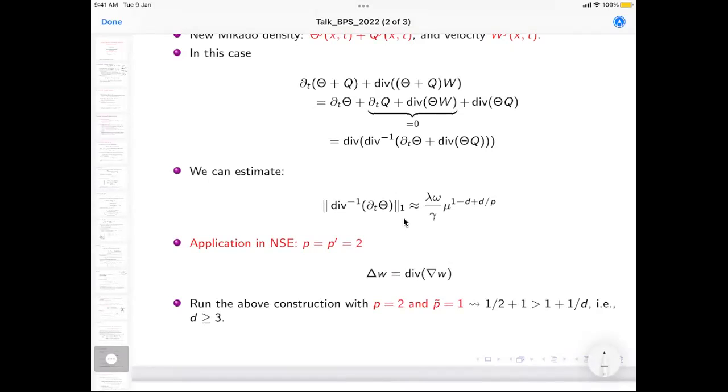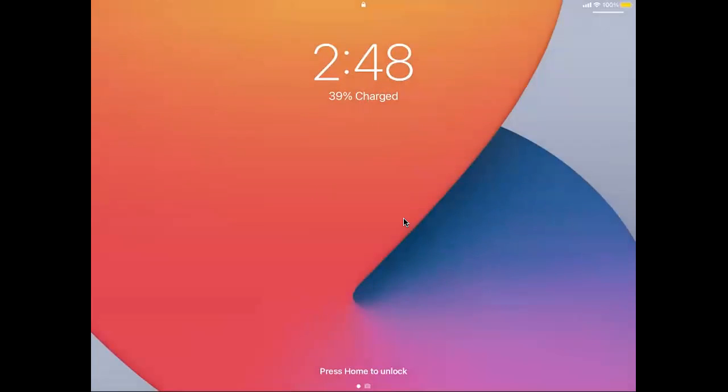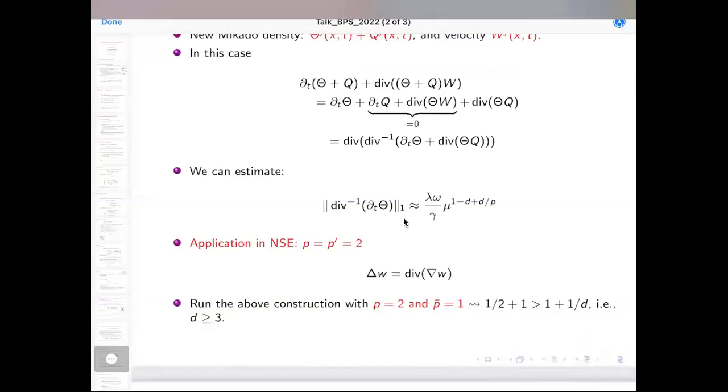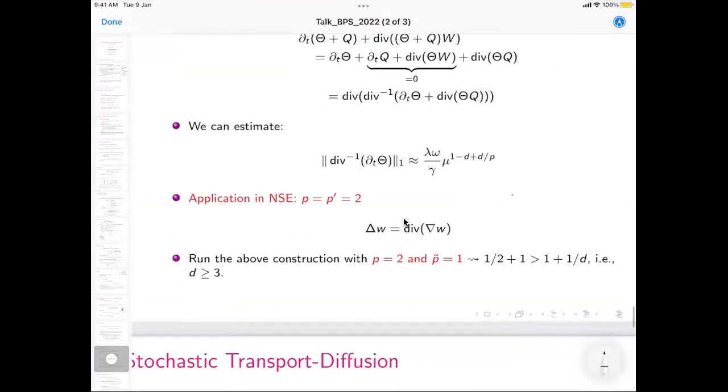Right? So you remember that we had this, right? 1 by p plus 1 by p tilde is bigger than 1 by 1 plus t. So here I'll choose p to be 2, p tilde to be 1, and then you can see that everything works as far as your dimension is bigger than or equal to 3, which is the physical dimension, and most people are interested.